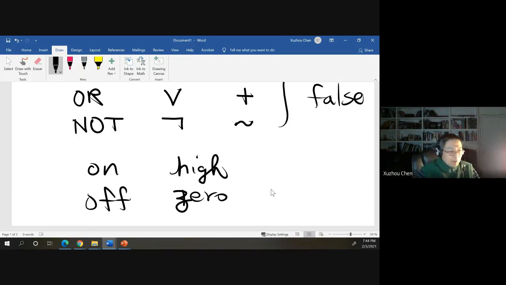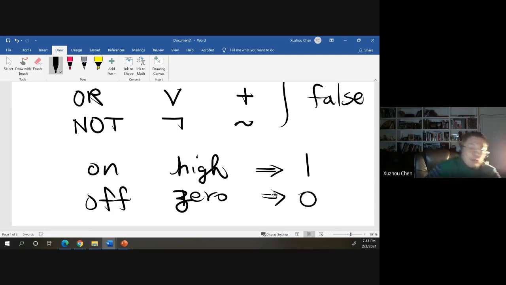In that case, you can simulate electrical flow in digital circuits. To make it simple, we use 1 to represent high, or true, and 0 to represent false.